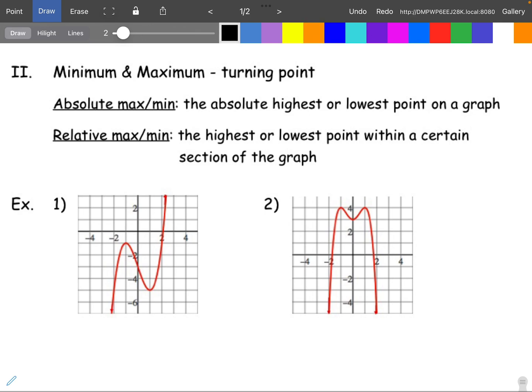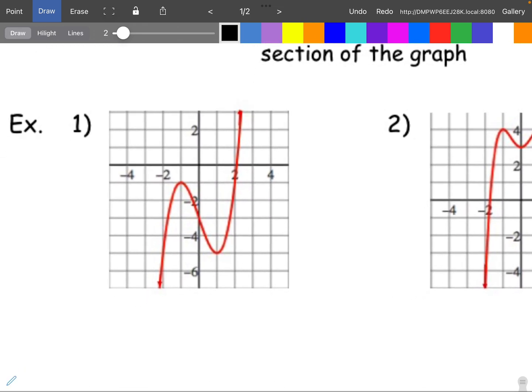So if we take a look at our turning points on this first one, we have a turning point here because it changes from going up to going down. So that's a turning point. And then it changes from going down to going up. So that means that we have another turning point right here. Now, if I take that first turning point that I found, so I have this one right here.